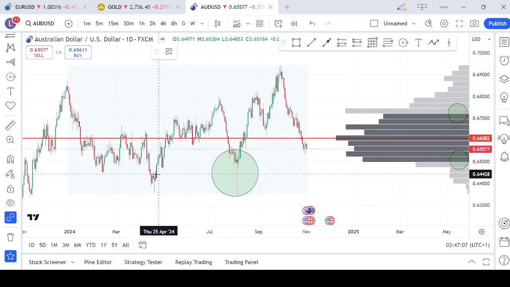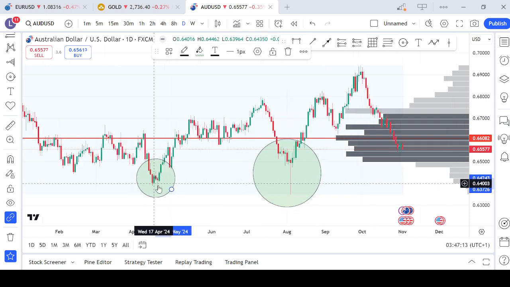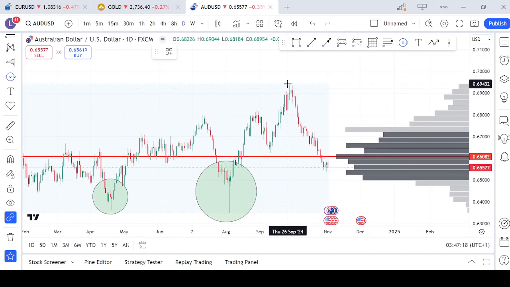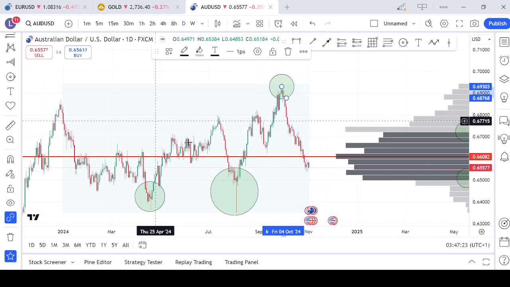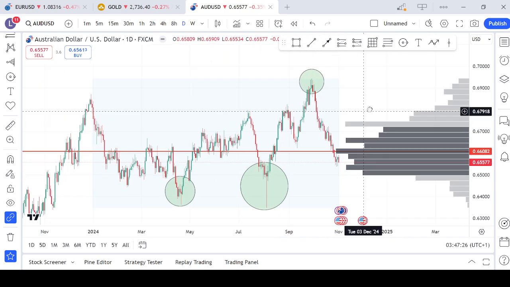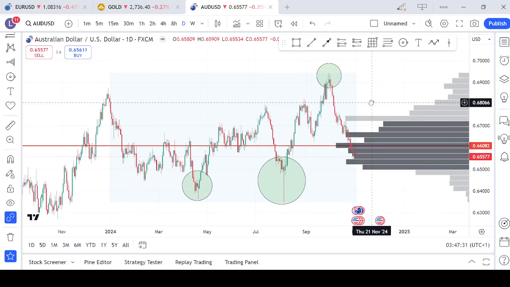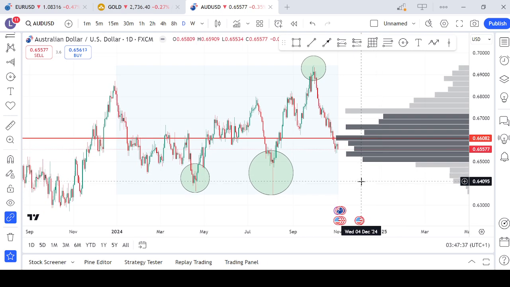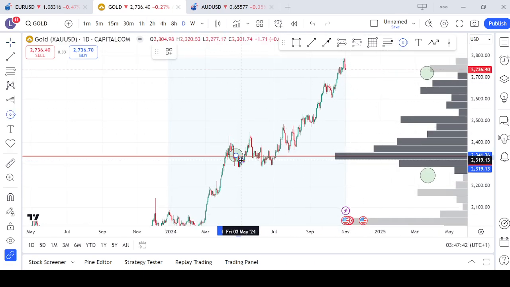This is another one. Price moved out of the value area and we had that hammer, and this is another one. Price moving outside the value area, and you can see price always coming back to the point of control for reference, because that is the place that had the highest volume during this period, and it also uses it as support levels.